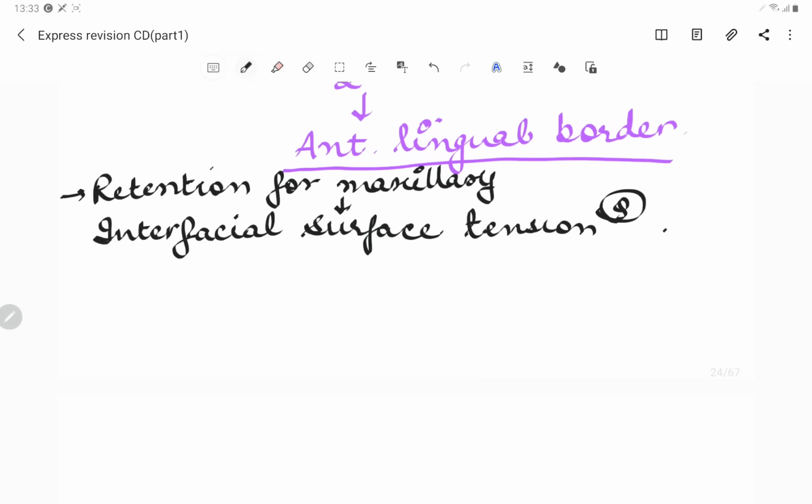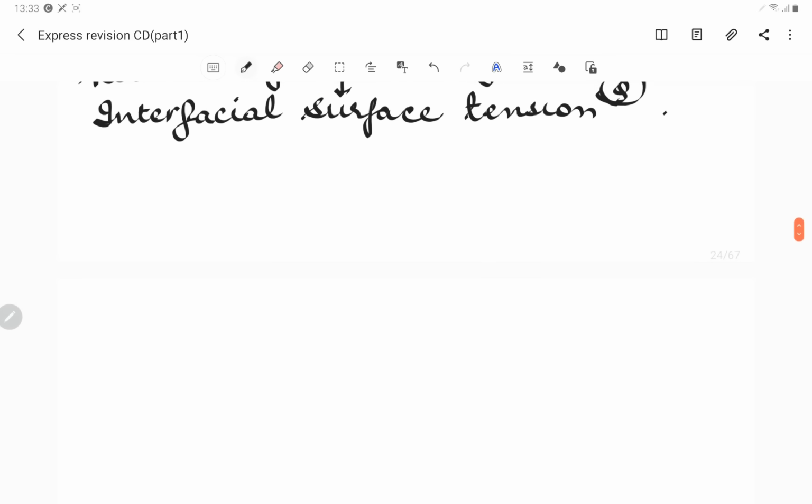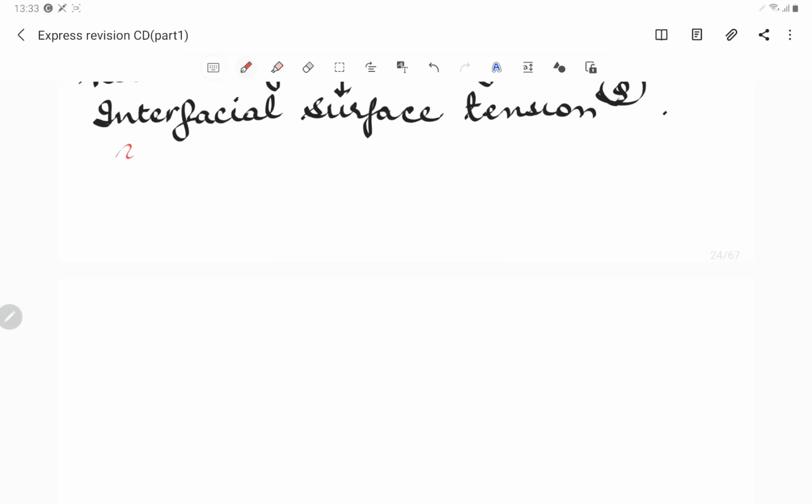One more important thing is that if the saliva is even and thin, then there is going to be perfect adaptation.